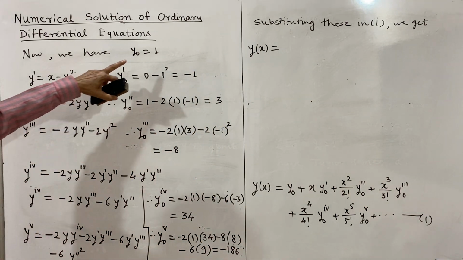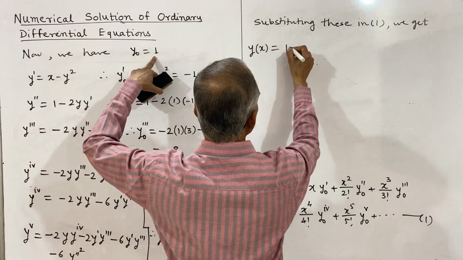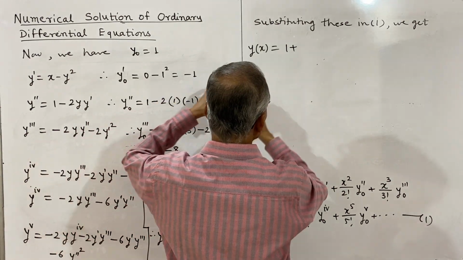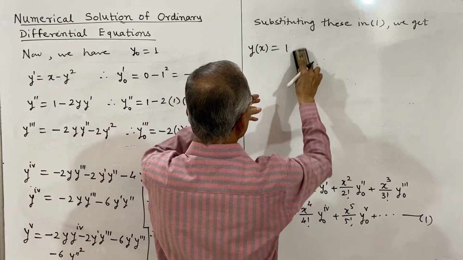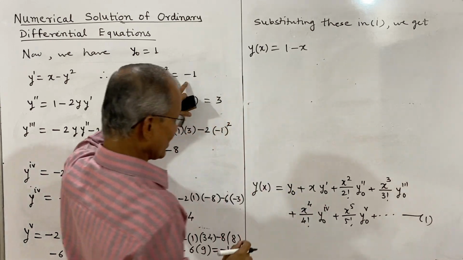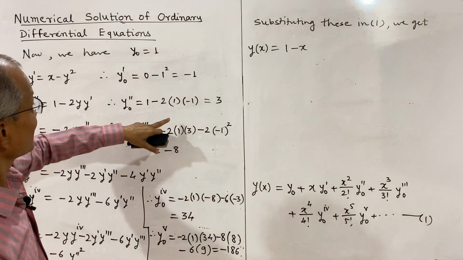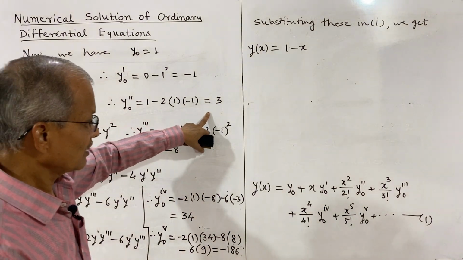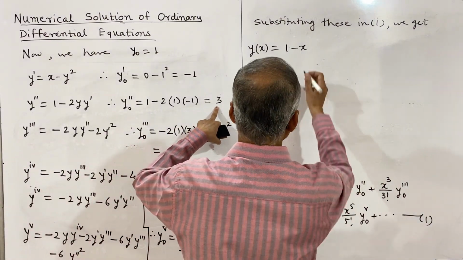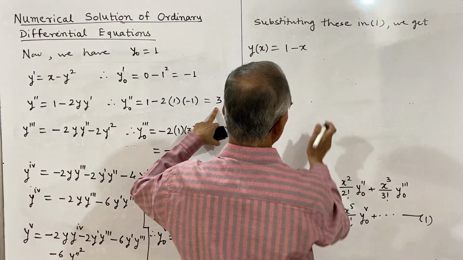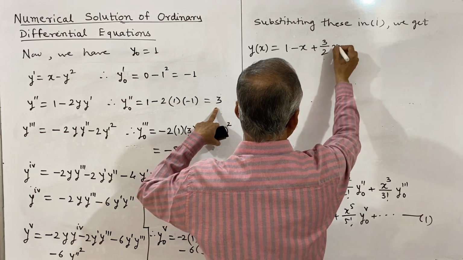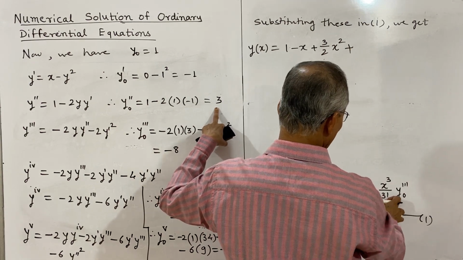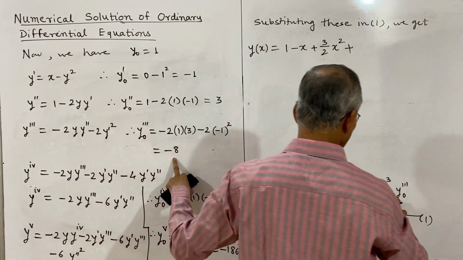What is y naught is 1, plus x into y naught dash is minus 1. So, it is minus x, 1 minus x, and then further x square by 2 factorial y double dash at this x is equal to x naught is 3. So, it is 3 by 2 factorial, that is plus 3 by 2 into x square, and plus now x cube by 3 factorial y naught triple dash is minus 8.